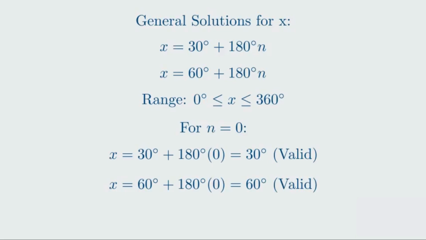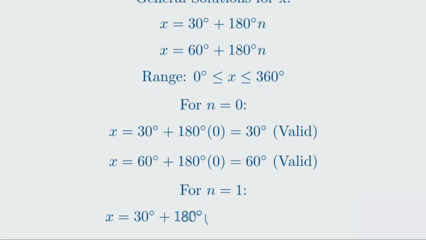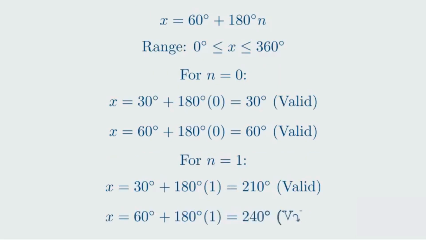Now, let's try n equals 1. For n equals 1, our first solution is 30 degrees plus 180 degrees, which is 210 degrees. This is also in our range. Our second solution is 60 degrees plus 180 degrees, which is 240 degrees. Again, this is a valid answer. Let's test n equals 2, just to be sure.